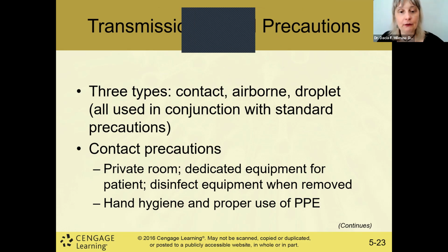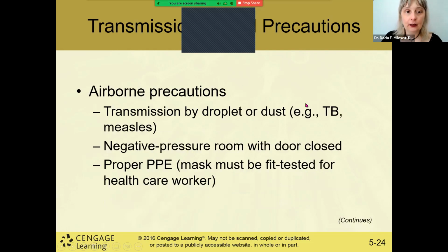So they need a private room, dedicated equipment to that patient. You need to disinfect the equipment when removed, and you need to make sure that the hand hygiene and proper use of PPE is implemented at all times, before and after.